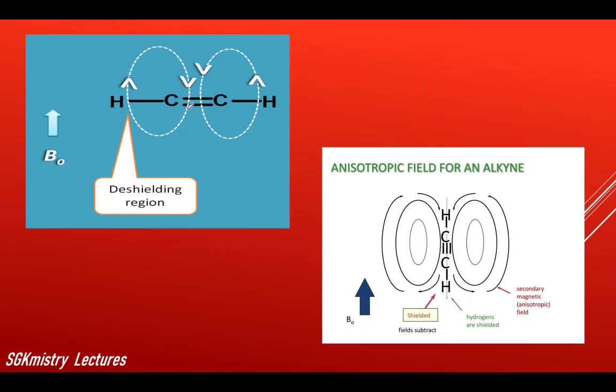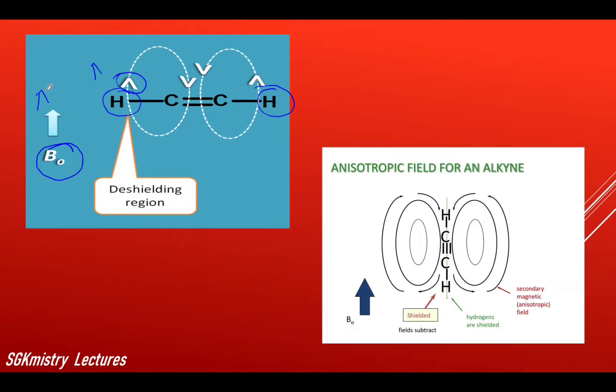So here, in case of alkenes, we have to just concentrate on the protons since we are studying proton NMR spectroscopy. This is the direction of the external magnetic field and this is the direction of the circulation of the pi electrons. You just need to see the direction of the circulation of the pi electrons near the protons. You can see here, this direction is upwards. Even the direction of the external magnetic field is upwards.